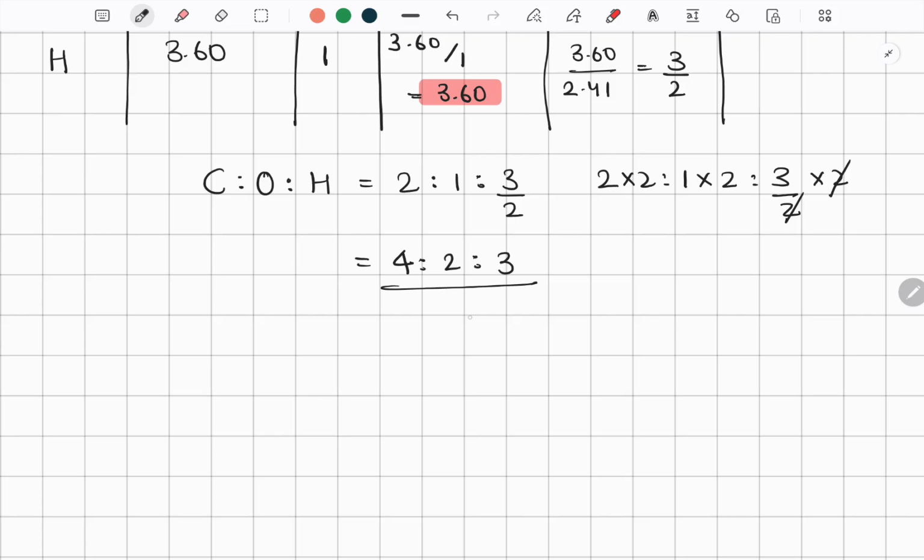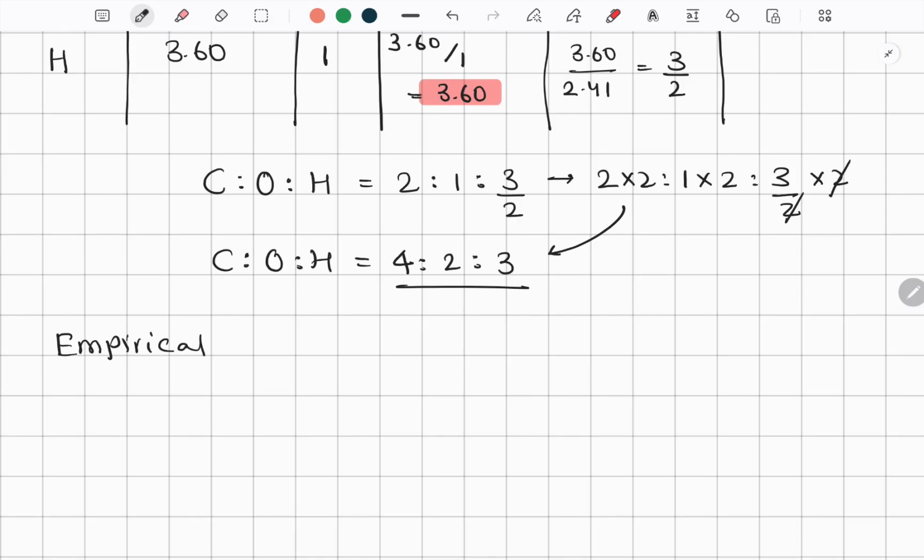Now there is no fraction, so we can accept this. So the new ratio is carbon to oxygen to hydrogen equals 4 to 2 to 3.